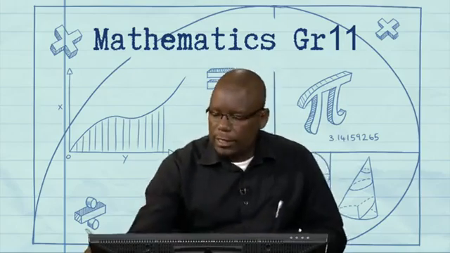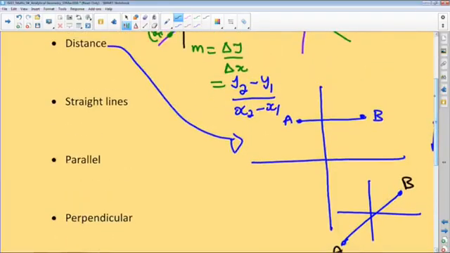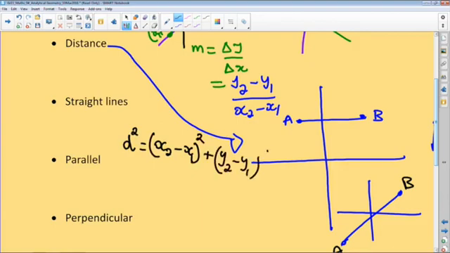The distance is given by d squared equals x2 minus x1 all squared plus y2 minus y1 all squared. Sometimes other books will just say d is the square root of, because solving for d, you will have d equals plus or minus the square root of x2 minus x1 all squared plus y2 minus y1 all squared.